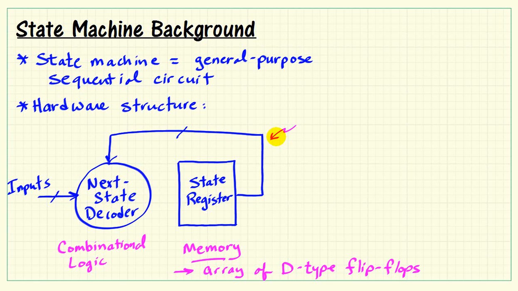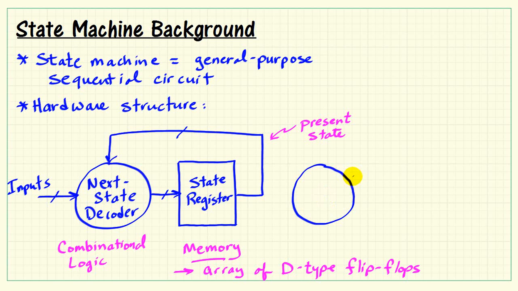It considers both of those inputs, present state as well as the external inputs, and determines the next state to be applied to the state register. So again, next state is being calculated by these two values.